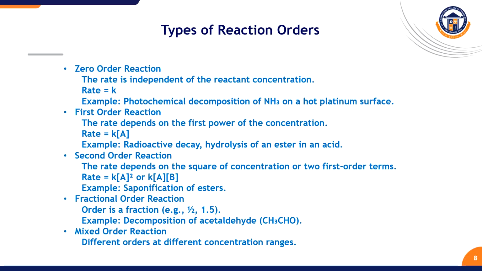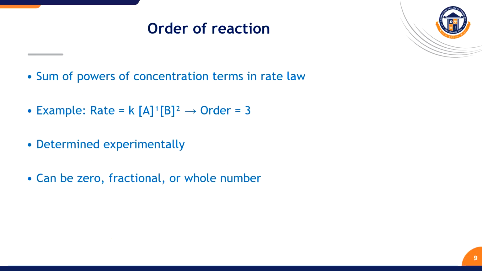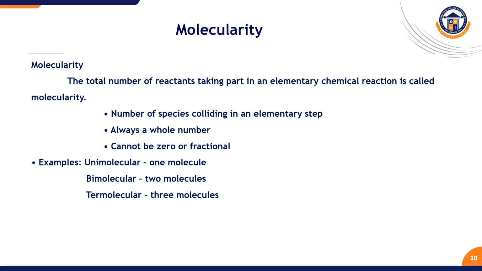A very good example is the decomposition of acetaldehyde. A mixed order of reaction is also possible. So, in general, we can say the order is the sum of the powers of the concentration terms, and it is determined only experimentally. It can be zero, fractional, or a whole number.